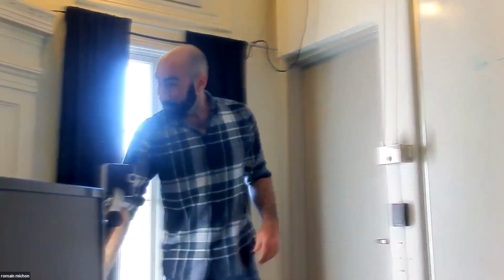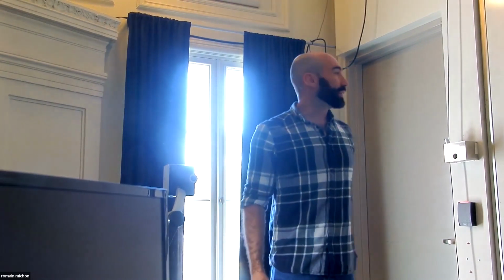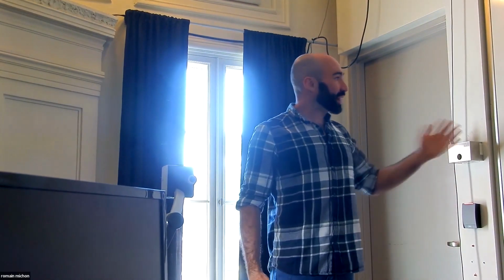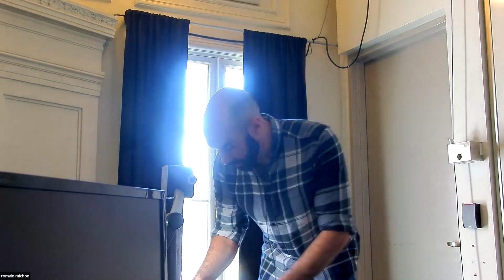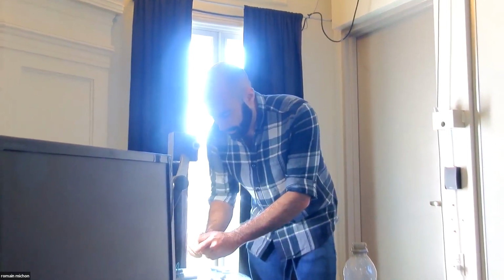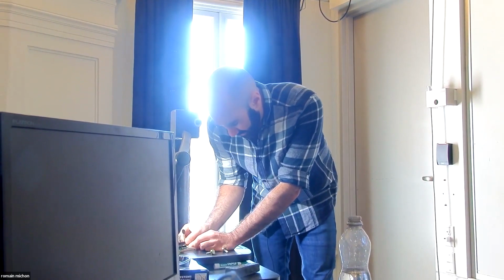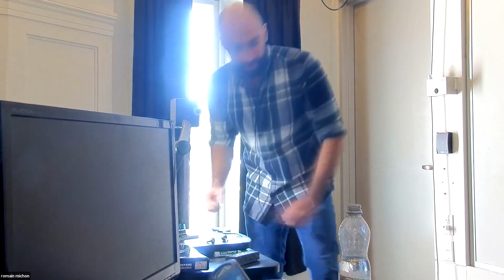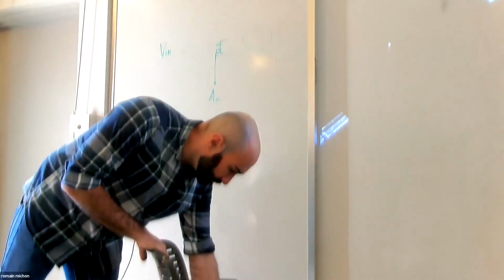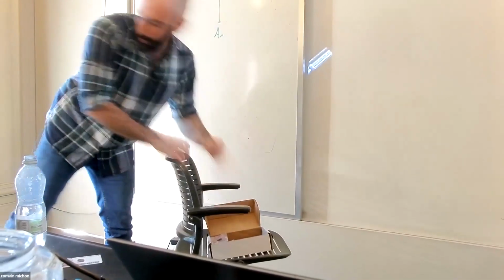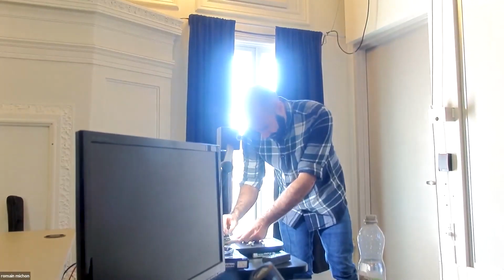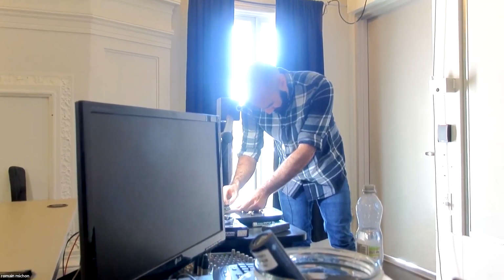Well, let's try. I'm already telling you this is not going to work well, because there is no ground, okay? So then we're going to have to see how we actually deal with the ground. But basically, I'm just going to plug this guy to the breadboard, and I'm going to get power on one of the pins.